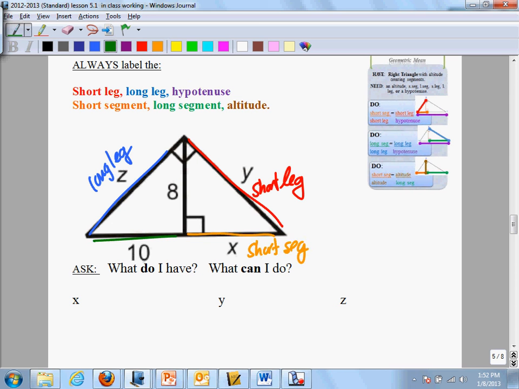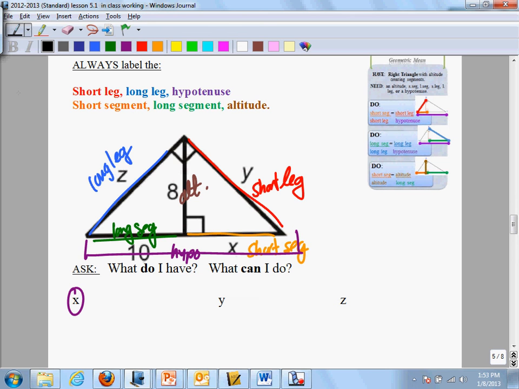This will be the long seg. This is the altitude. And the hypo is the combined length of the segments. Okay, we are only going to do X. Get all of those labeled. That's the first thing you should always do, is label everything.